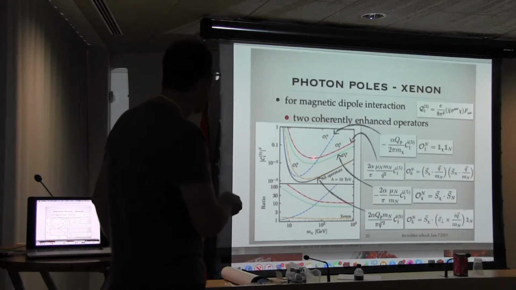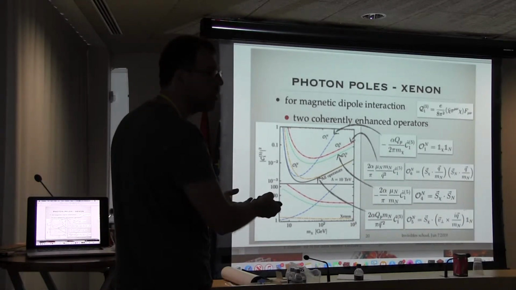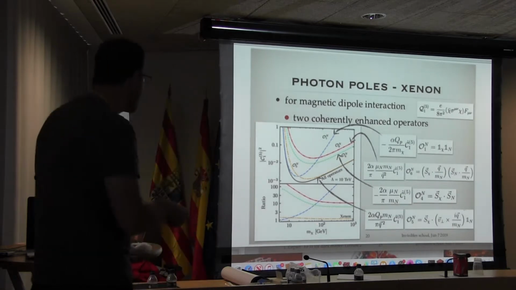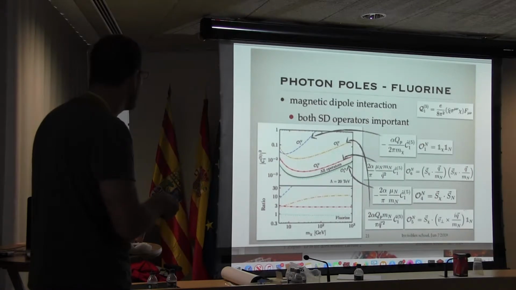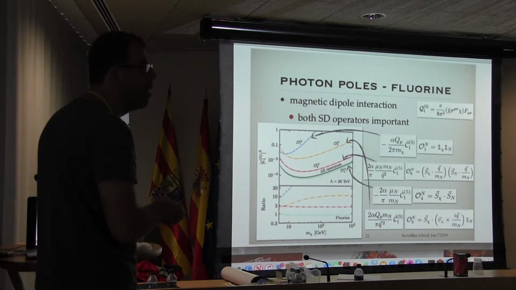The higher up you are, the smaller the contribution. This is for scattering on xenon, so the blue and the yellow lines are important. Now let me switch to fluorine, and the only thing you want to see is that the color is completely changed. The blue and the yellow lines are irrelevant, and the red and the green are important.